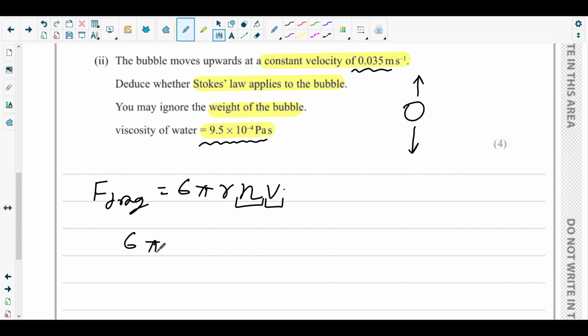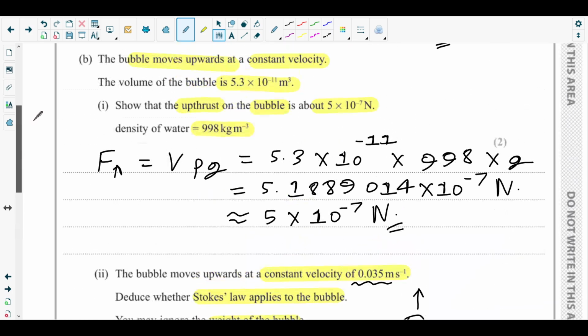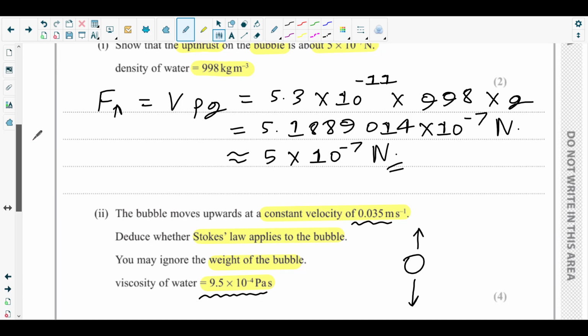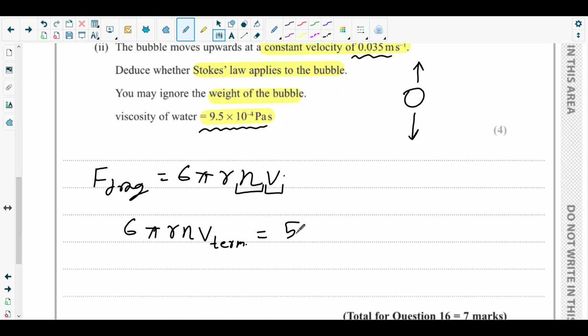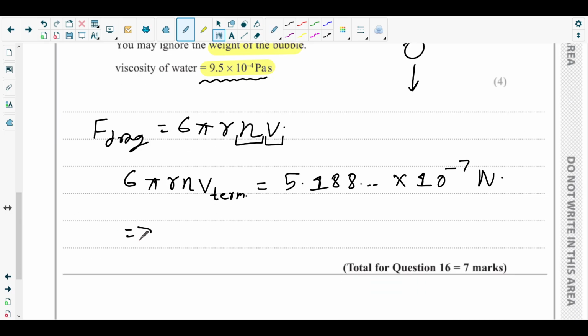So 6 pi r eta v terminal equals the upthrust, which is 5.188 something times 10 to the minus 7 Newton. From there we will find the terminal velocity and compare it with the given value.